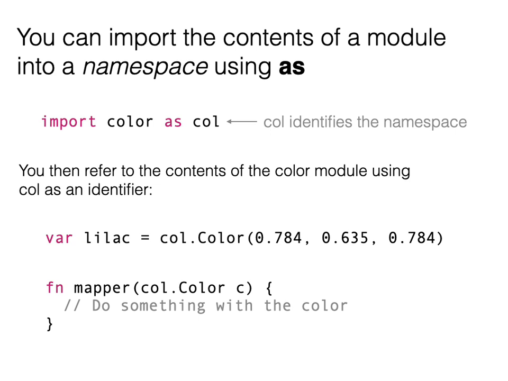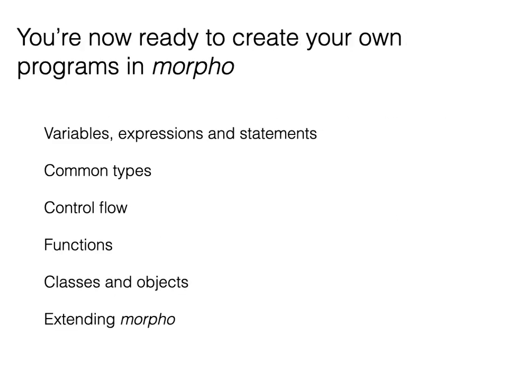So we can make a new color, here lilac, using col as the namespace identifier, and then color as a function that's defined in the library. If we want to make a function that accepts the color as an input, we again have to use the namespace definition. This is a really useful feature because it allows us to separate libraries that might have different implementations of similarly named things.